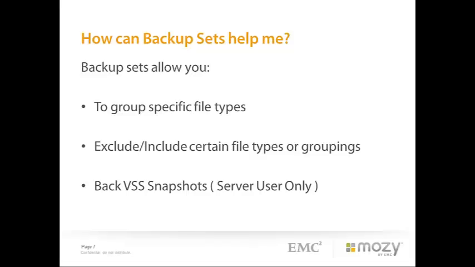We can also create backup sets and use them to exclude or include certain file types or groupings of files. So if, for example, you didn't want to back up any JPEGs off your machine, you can create a backup set that excludes JPEGs from your backup.